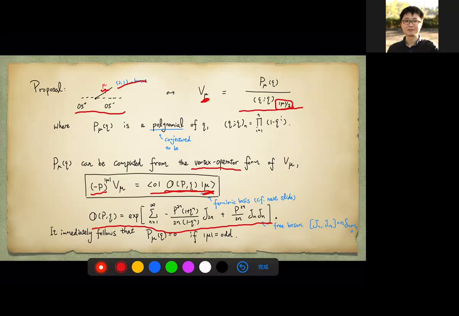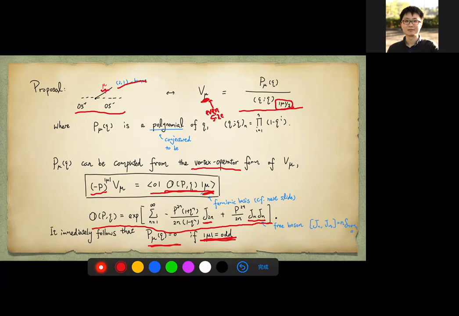Because only j of 2n, or the square of jn, shows up, we can immediately say that if mu is an odd size Young tableau, then this function P mu will vanish. So this mu can only be even sized in the calculation.